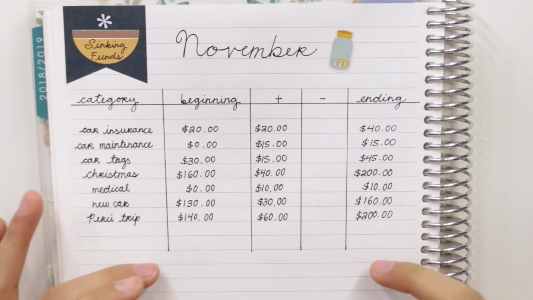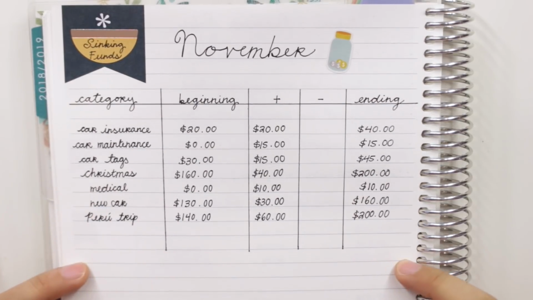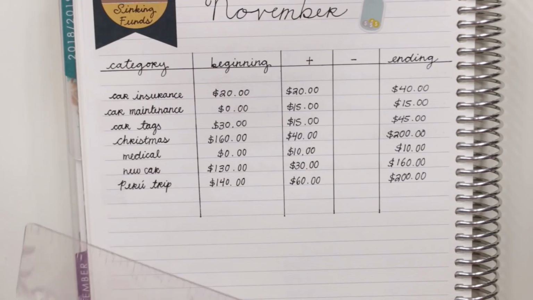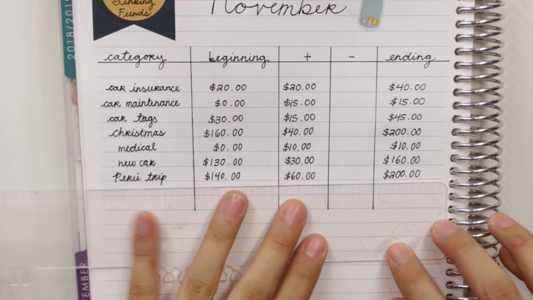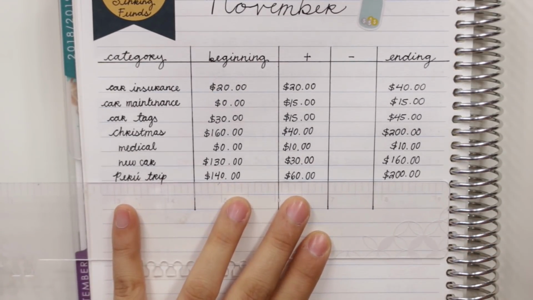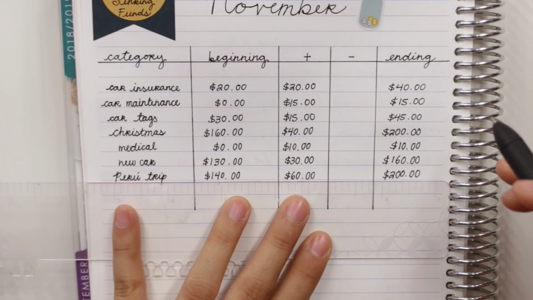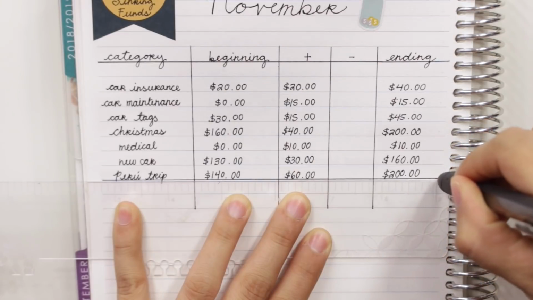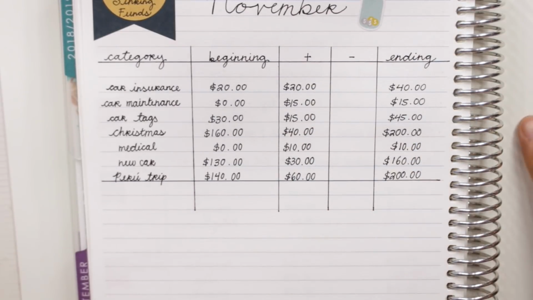I'm going to quickly make up a little spending tracker at the bottom, so I'll go ahead and show you guys and fast forward, and I'll be right back. Okay, so first I'm going to go ahead and add all of my sinking funds. So I'm going to make this line, and then I'm going to go ahead and add all of these numbers.